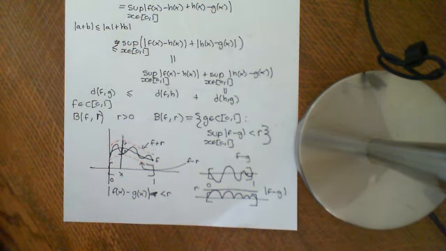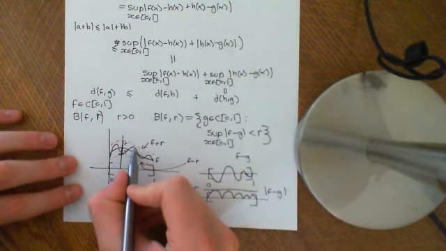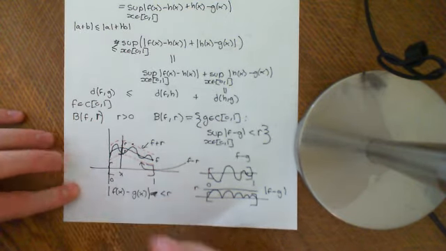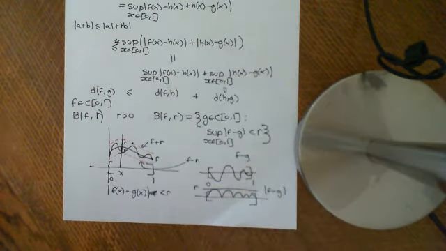So it cannot have a supremum equal to r, because if it did have a supremum equal to r, its maximum would be equal to r, and if its maximum was equal to r, then at some point the value of g would actually be on this ribbon, and I've said no, you have to actually be within the ribbon. So we can say even that the supremum is strictly less than r.